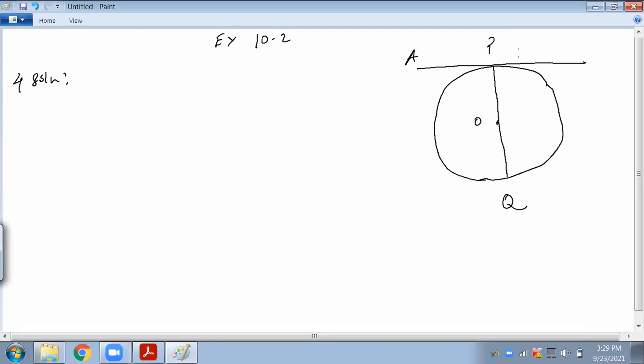Say AB is a tangent at P, and CD is a tangent at Q. So AB and CD are two tangents at the ends of the diameter, that is P and Q, and you have to show that the tangents are parallel.